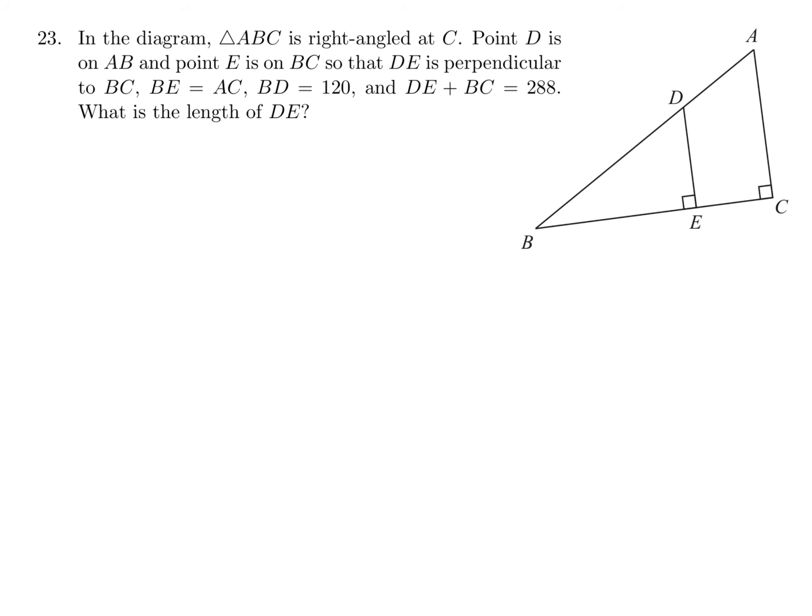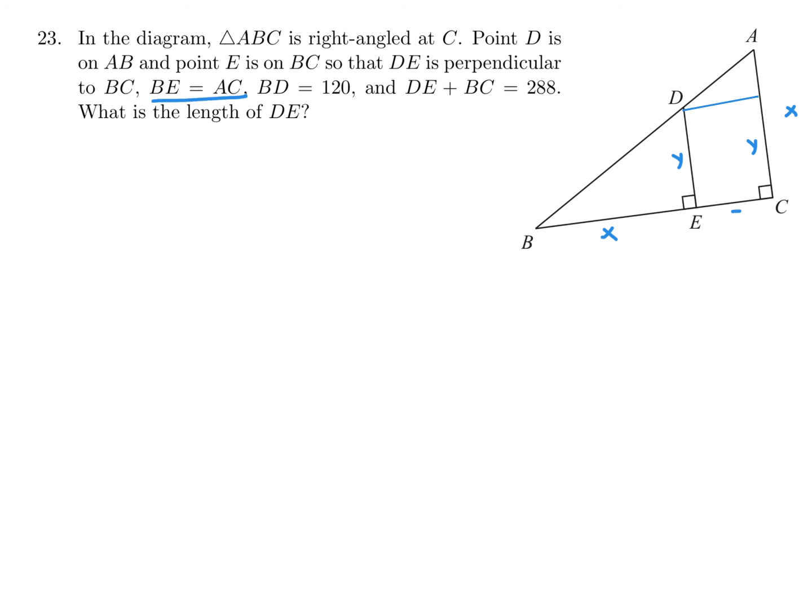So here we go. A couple of labels here. I'm going to make a line that goes straight across like that. That's perpendicular. I'm going to label this x, and therefore, according to the question, that side is x too, because BE equals AC. Then this side I will call y, therefore that is also y, just that segment.